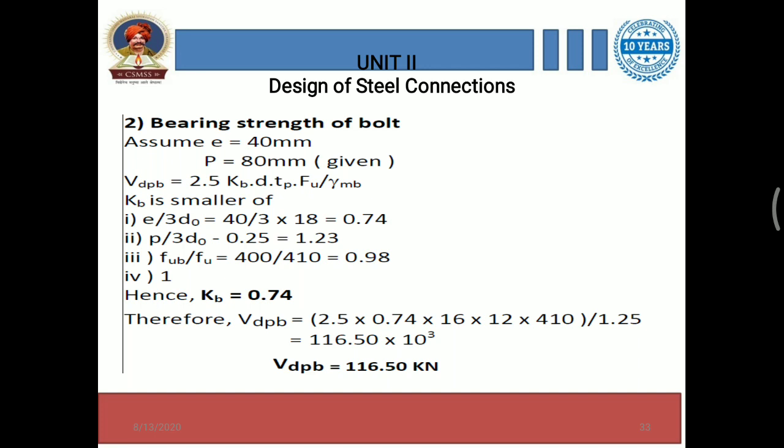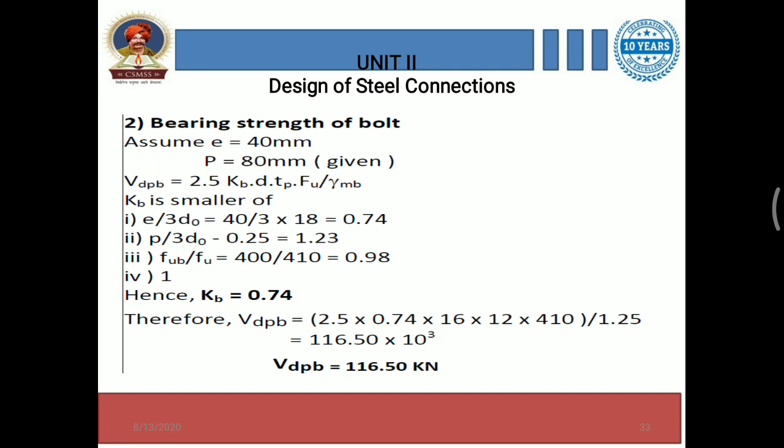Then FUB upon FU, 400 by 410, that will give you 0.98, and the fourth condition is 1. Okay, you have to just overlook all these 4 values and take the least or smaller value of KB for our further calculation.